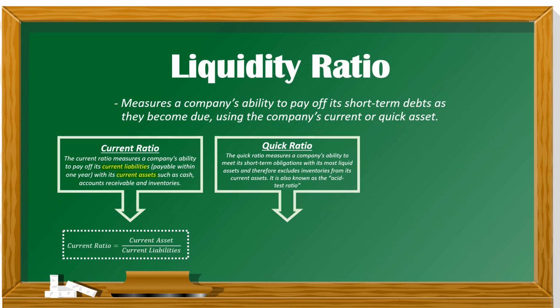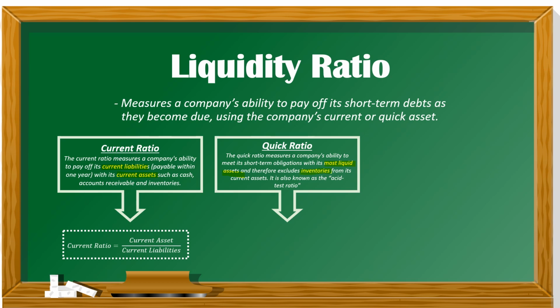Next, we have the quick ratio. It measures a company's ability to meet its short-term obligations with its most liquid assets. Unlike the current ratio, which considers all current assets, the quick ratio only considers the most liquid assets in the current assets, and therefore it excludes inventories.